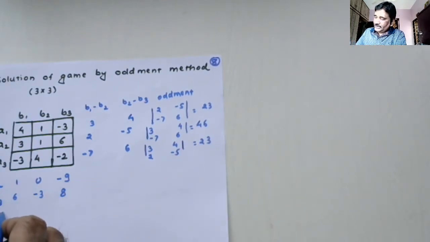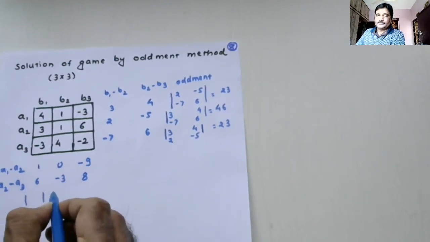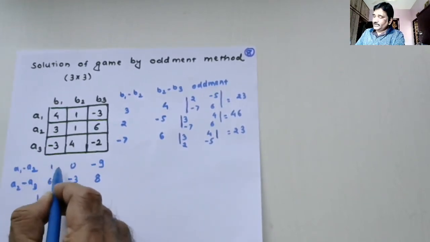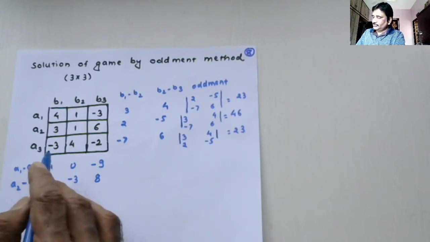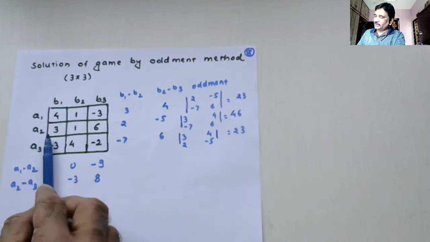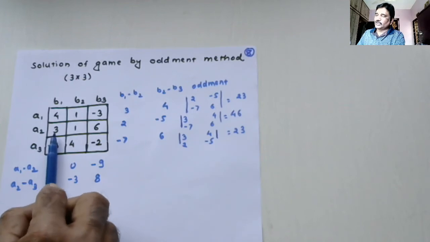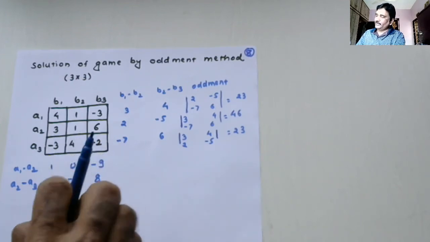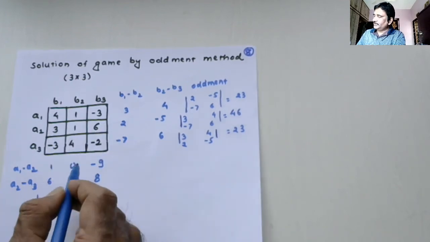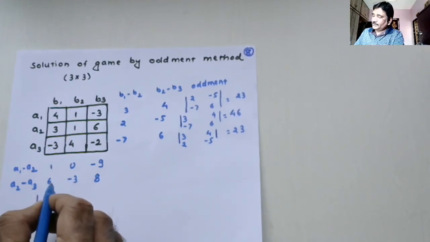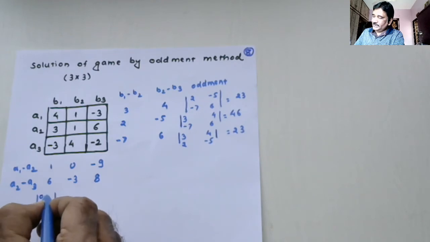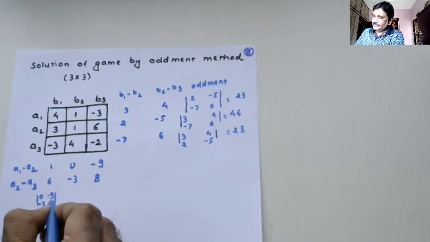Now here again I'll be forming the determinants, right? I won't be considering this value because this is called the augment. So you just have to ignore the values below the column and take the determinant of the other columns' differences, that is 0, minus 9 and minus 3, 8.